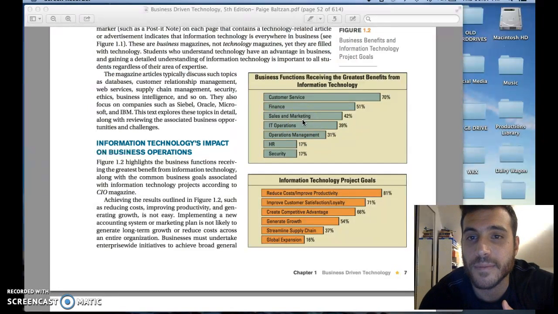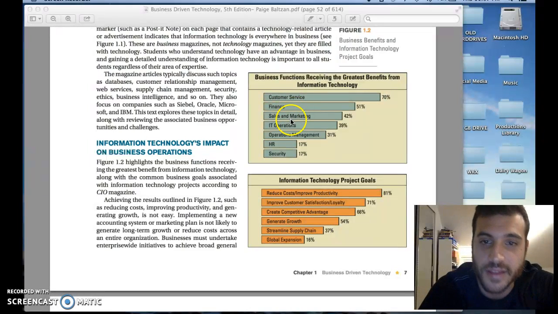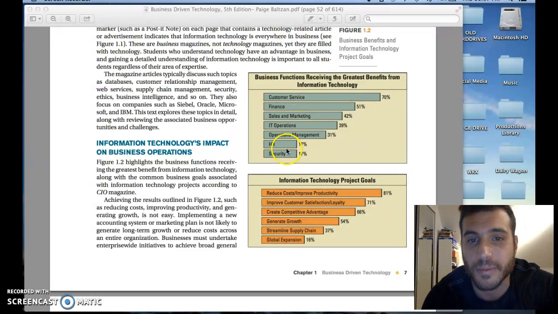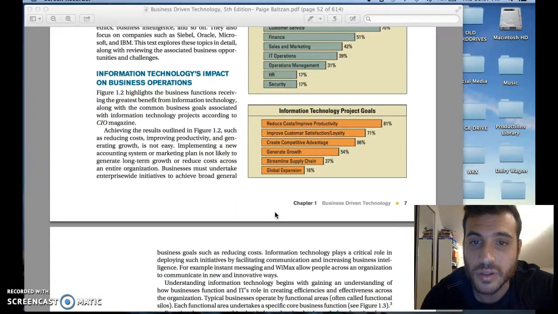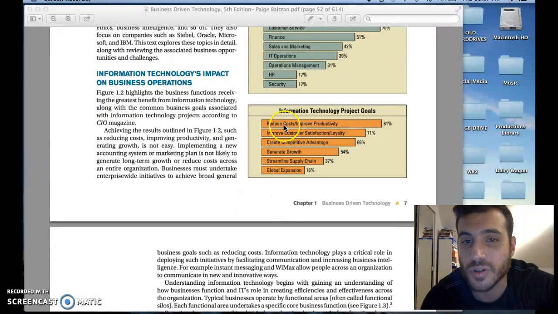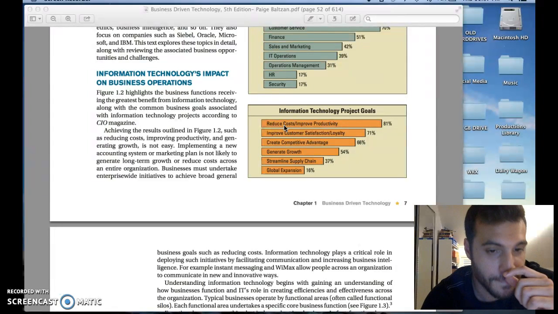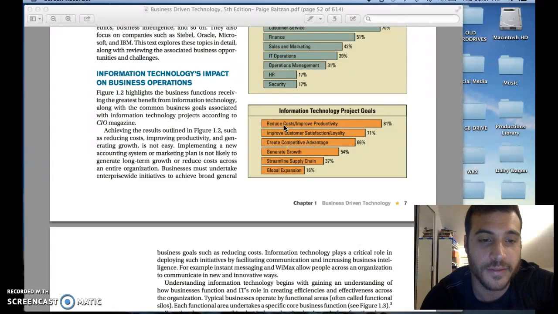Here you have which areas have the greatest benefits from information technology, and obviously customer service, finance, sales, marketing, IT, operations managers, HR, and security. And then we have the goals, reduce costs. That's very important. Back to the example of Amazon, it said that Amazon, when it first opened, was like thousands of tiny bookstores, but it was all within one website.